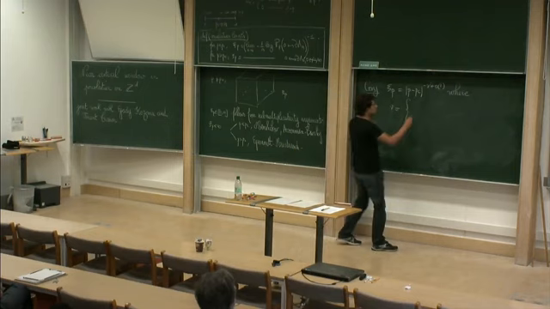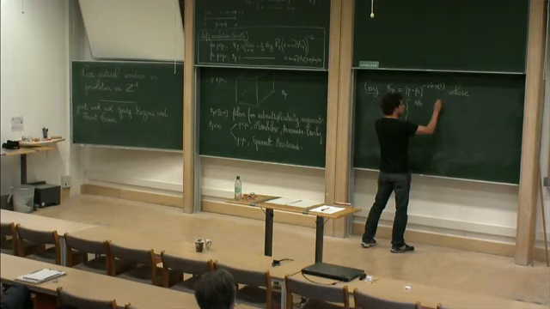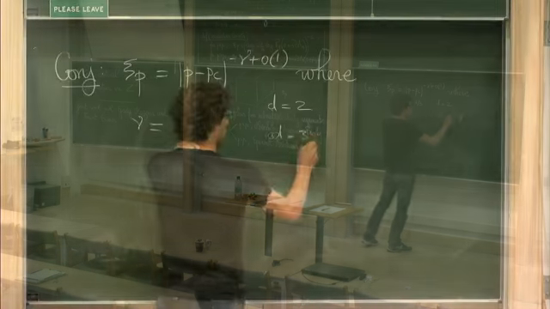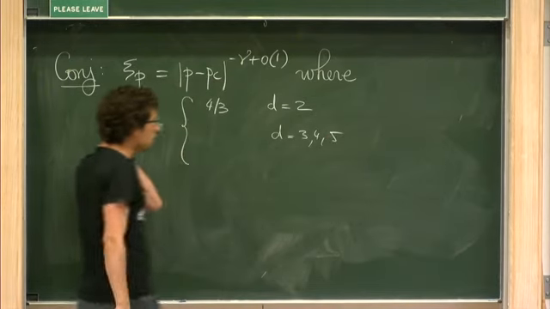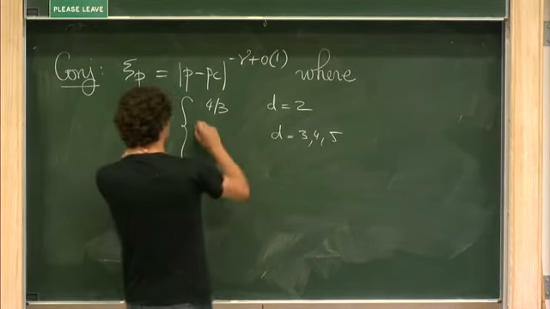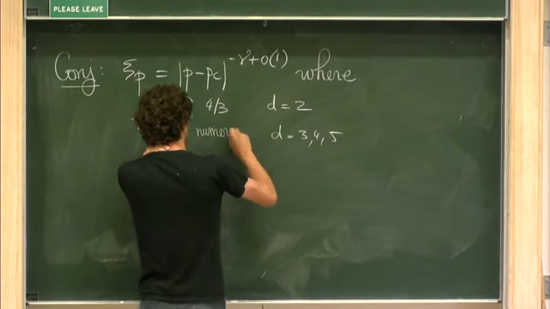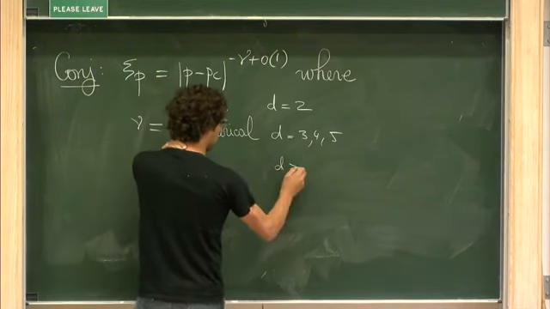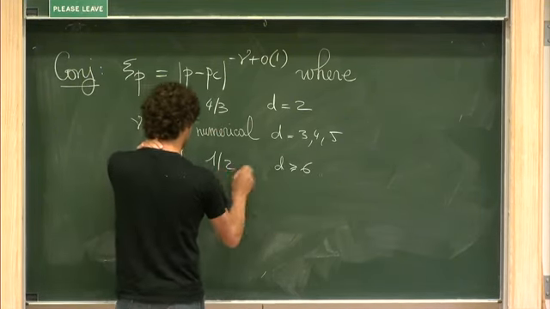In dimension 2, it's 4/3. In dimension 3, 4, and 5, it is actually a numerical number that we don't have an actual prediction for what it is, so it's numerical. And above 6, we expect that it's 1/2.